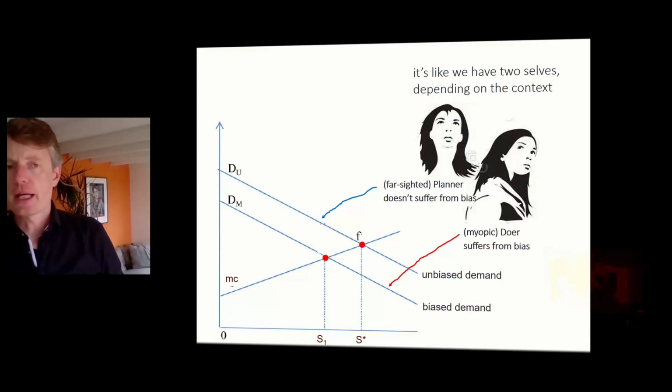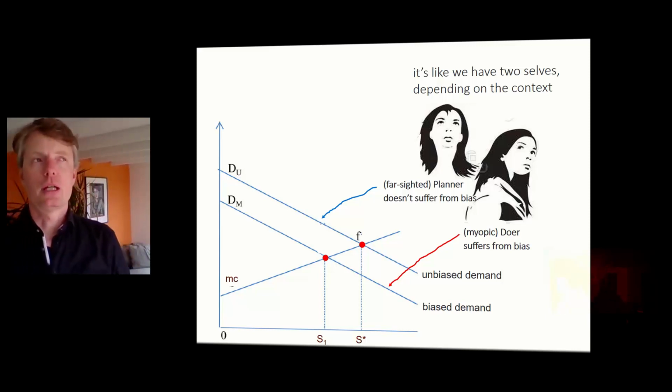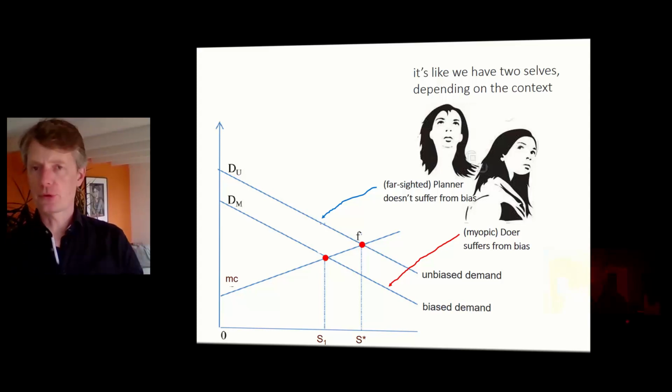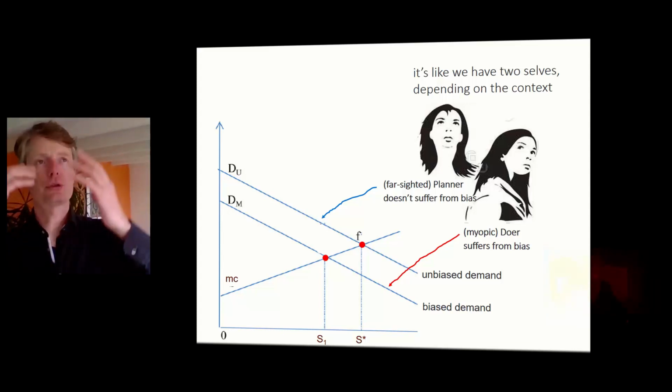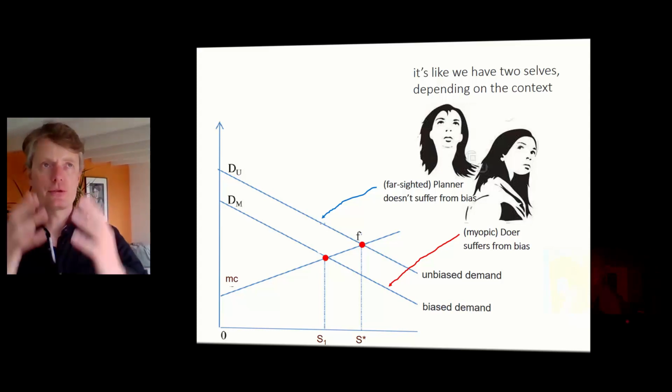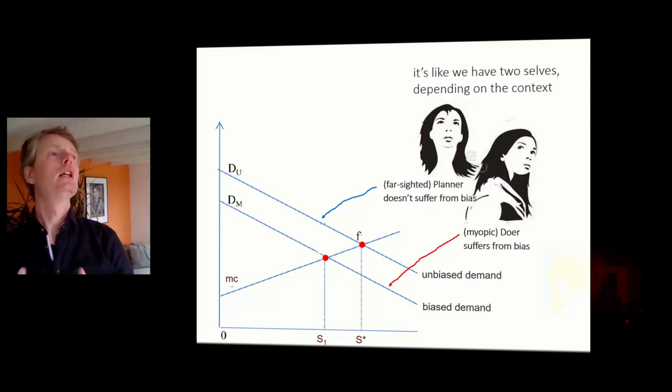And again, it's just like every student here has two different selves. There's the far-sighted planner, the student who draws up a plan, says, okay, I want to follow this program, it's worth it, and it means that I'll have to study during the semester.